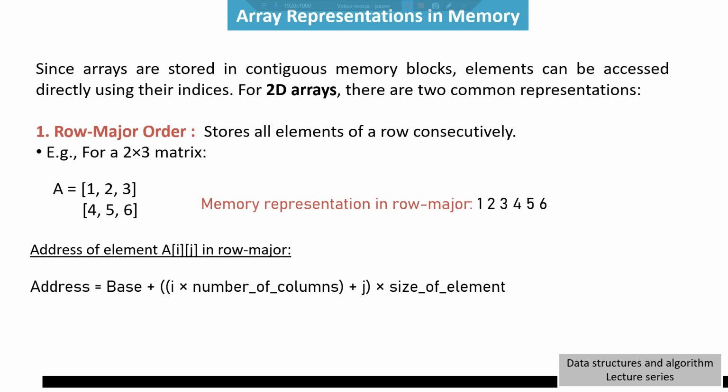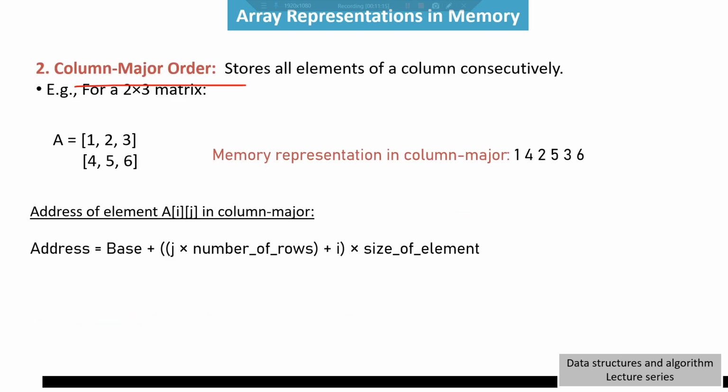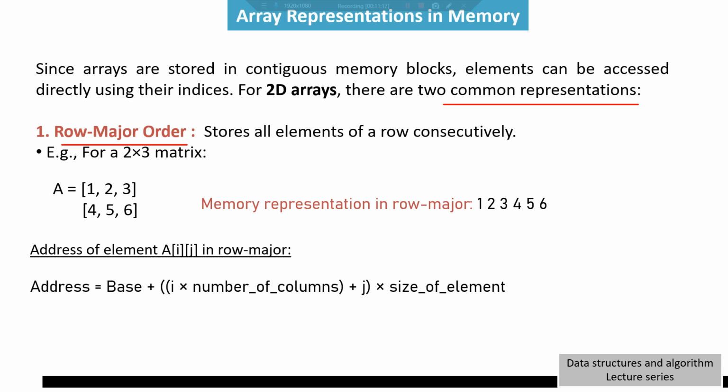The next part of this video lecture is array representation in memory. Since arrays are stored in contiguous memory blocks, elements can be accessed directly using their indices. For 2D arrays, there are two common representations: row major order and column major order. What does row major order indicate? It stores all the elements of a row consecutively.